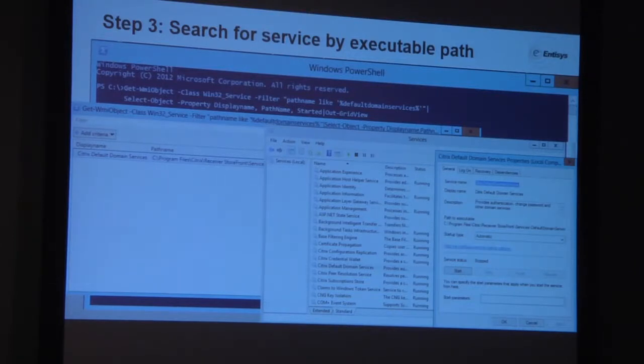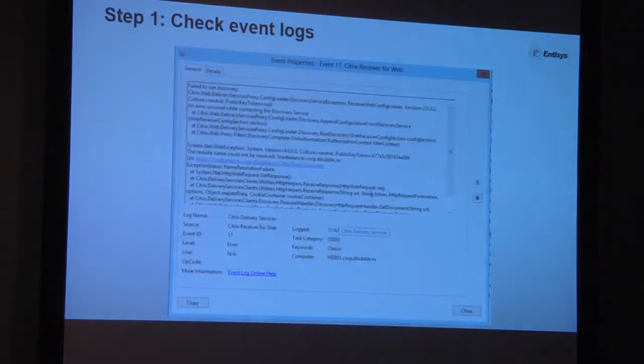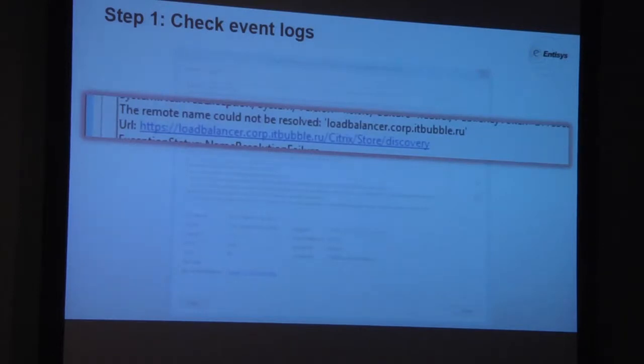OK, you fixed it, maybe, but it still doesn't work. What can you do next? The next thing you need to do is check the event log again. And what can you find there? Like here in my installation, I played with XenDesktop in my home lab, and I made different kinds of configuration changes.